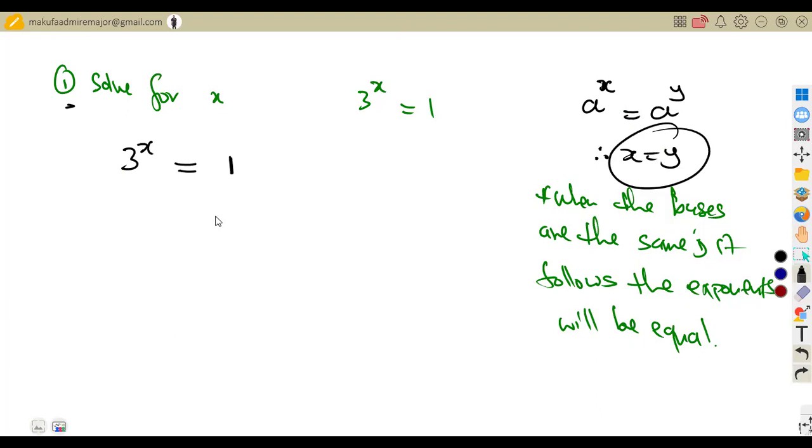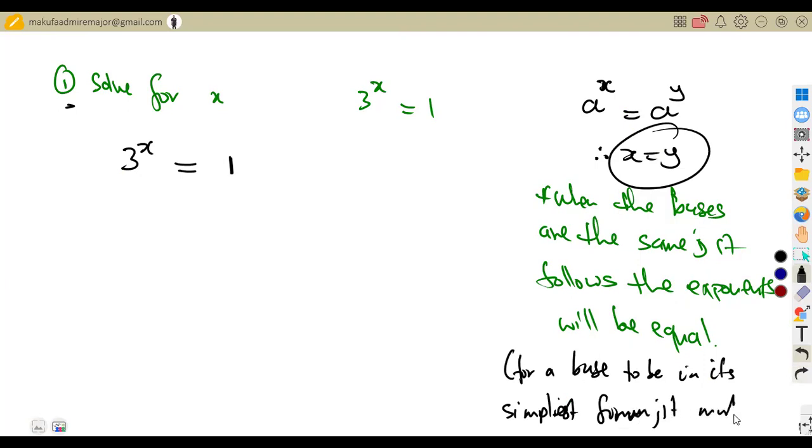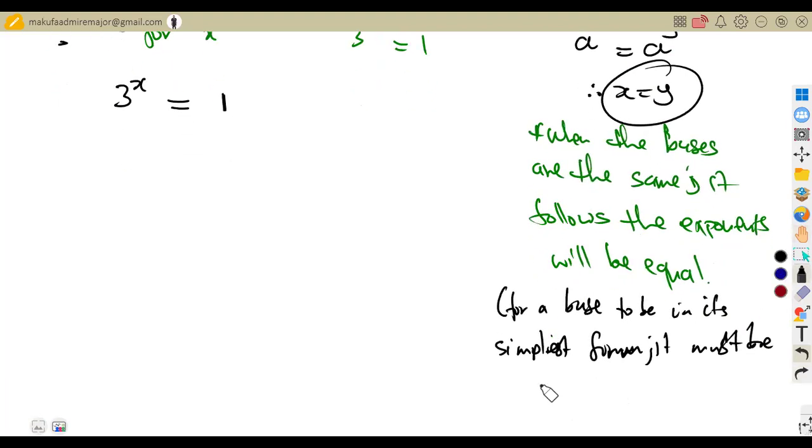Is it possible? Whenever you consider the bases to be in simplest form, you have to know this: for a base to be in its simplest form, it must be a prime number.